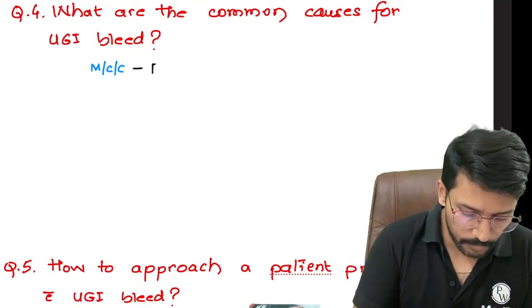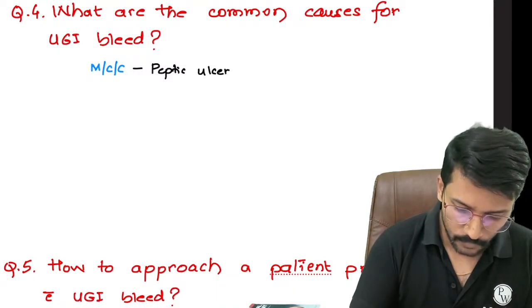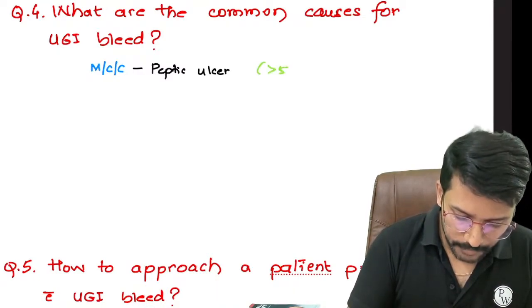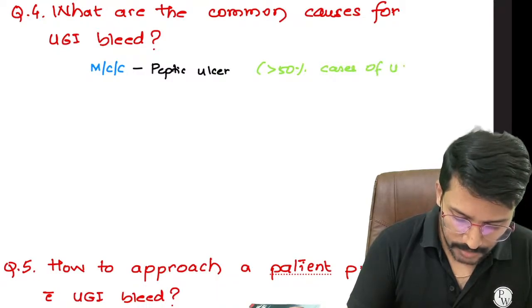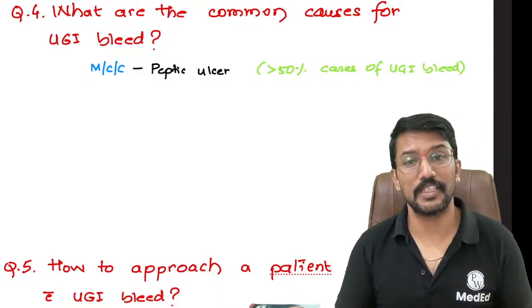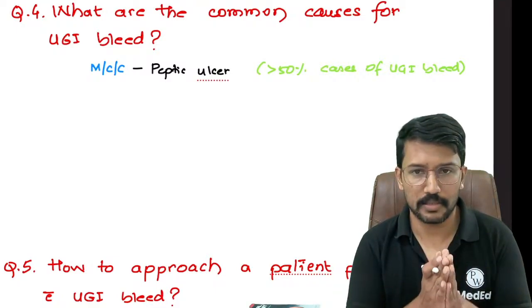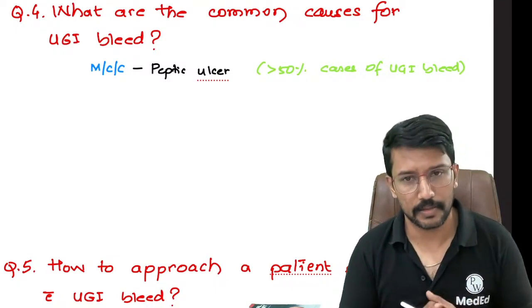Right, that is going to be peptic ulcer. The peptic ulcers account for more than 50% cases of upper GI bleed. So whenever you see a patient with melena or hematemesis, half of them or more than half of them are because of the peptic ulcers.